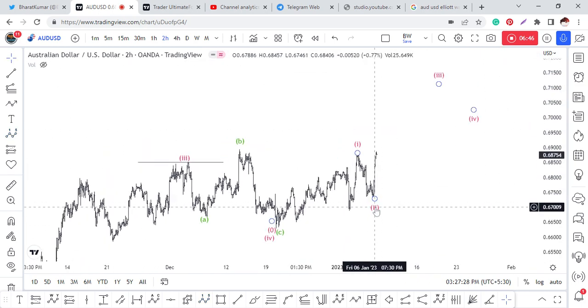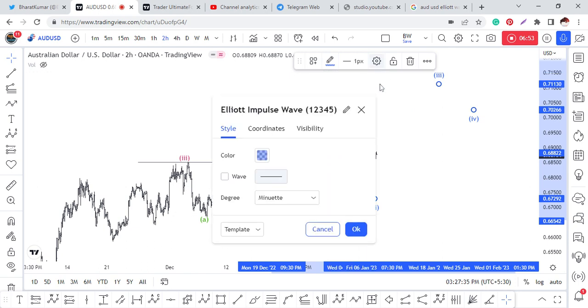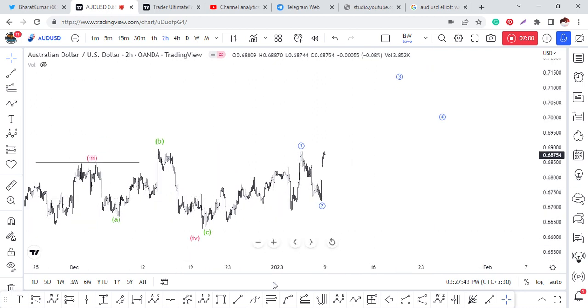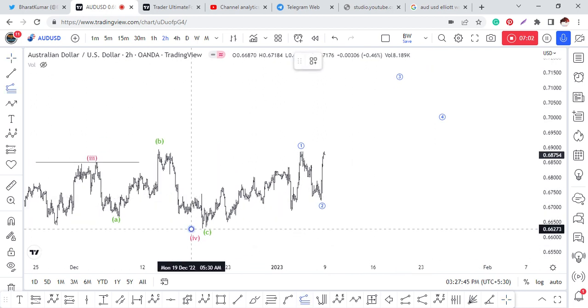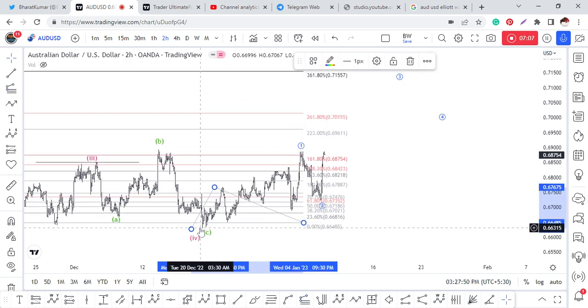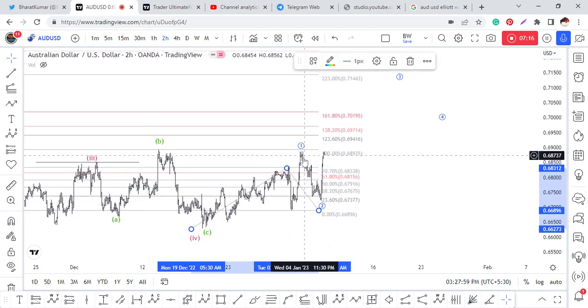Let me change the color. Let me put it blue. Now let's see the Fibonacci ratio. You can see here wave 1, 2, 3 is around 138 percentage, and fifth.